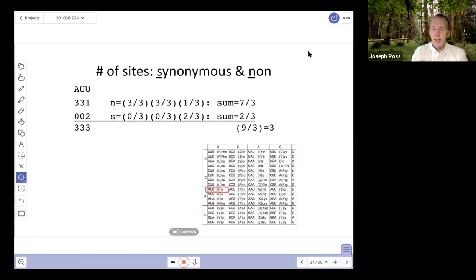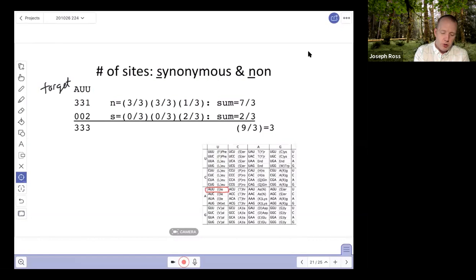So the way to count the number of sites, this is again going to be the denominator for dN and dS, is you take each codon, and so this would be the target species that we're going to compare another sequence against. So we do this just for one of the 2 sequences that are aligned with each other.